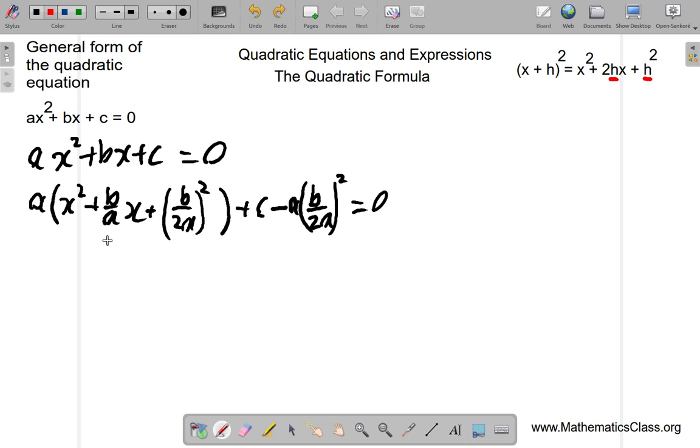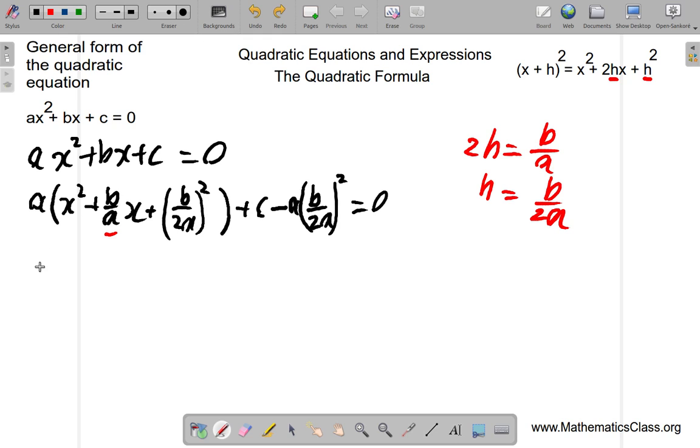What is our h here? 2 times h is b over a. If we say 2h is equal to b over a, then h is b over 2a. And if we say h squared is b over 2a squared, then again h is b over 2a. So our h here, we represent it as b over 2a.